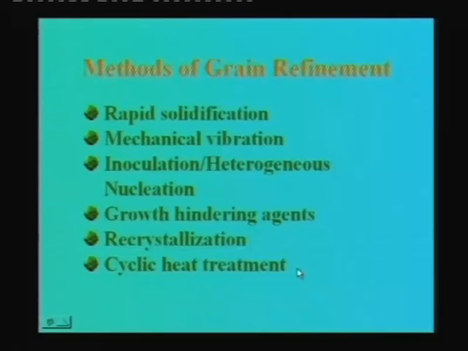For example, we know about high strength low alloy steels, HSLA, or microalloyed steels, where people add certain precipitate particles, which can act as growth hindering agents called pinning agents. So Zener pinning. Because of the Zener pinning, one can achieve much finer grain sizes.